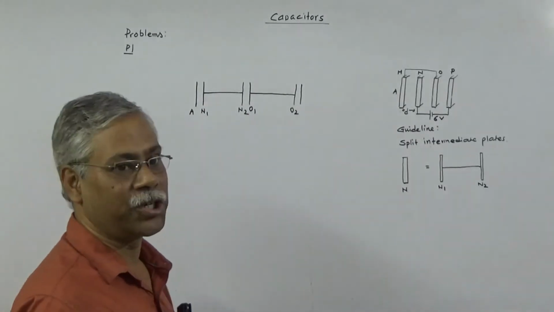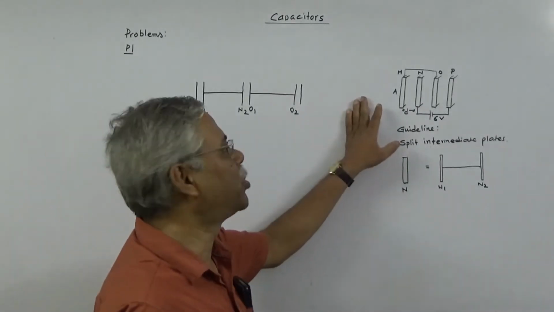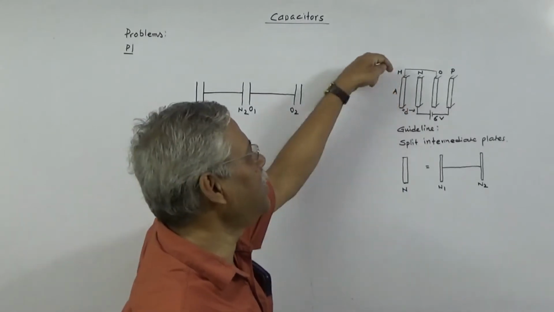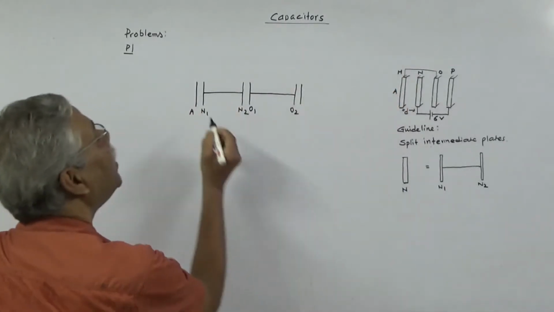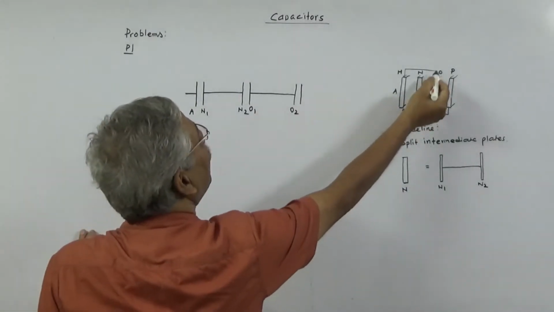Now I will give the connection. To get a better understanding of the connection, I will give this connection to the side, in order to get an easy to understand view.